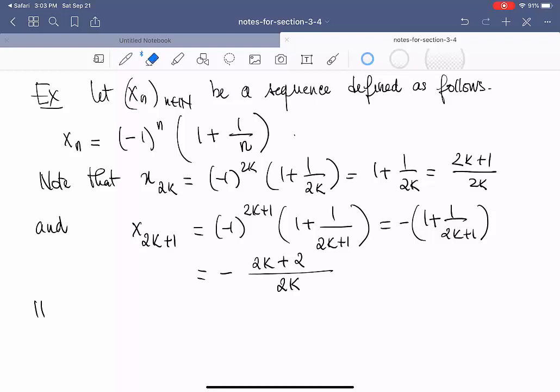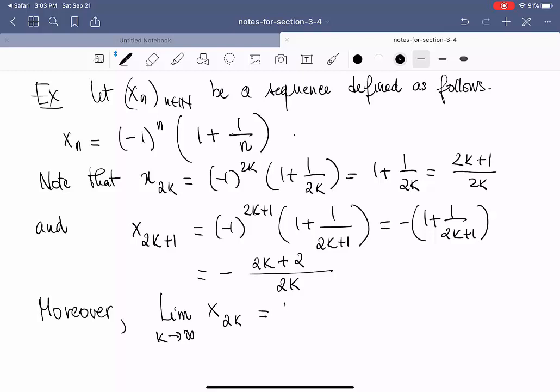Moreover, note that the limit of x2k when k is approaching infinity is going to be 1, and the limit of x2k plus 1 when k is approaching infinity is negative 1.